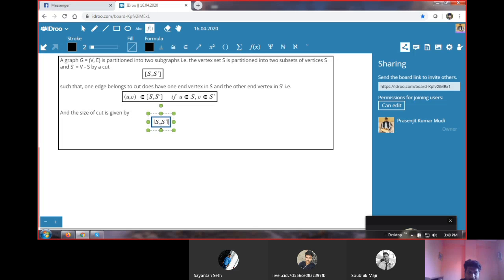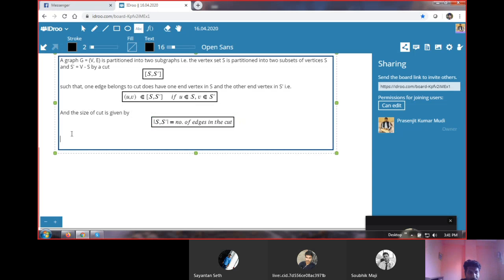So the cardinality of this set, that means the number of edges belonging to this cut, is the size of the cut.